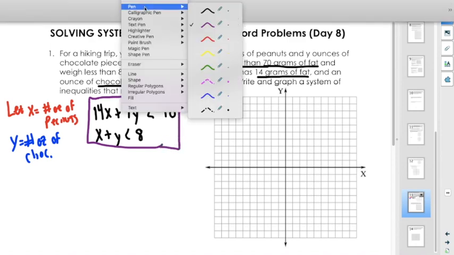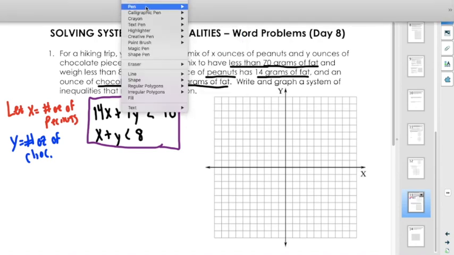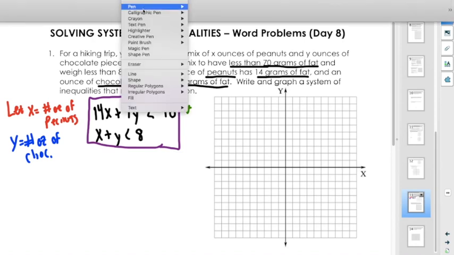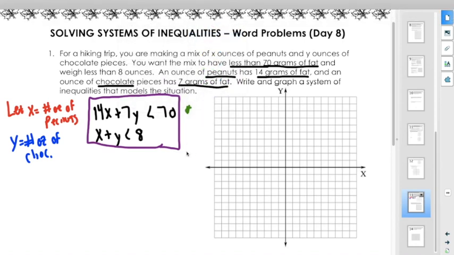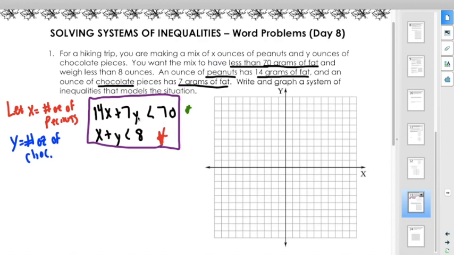What color do I want to use? I'm going to use green for the first one. Let's do some Christmas colors. This one's going to be green, and then we'll do the second equation red. So back to green. Again, I'm trying to get Y by itself. So I have 14X plus 7Y is less than 70.